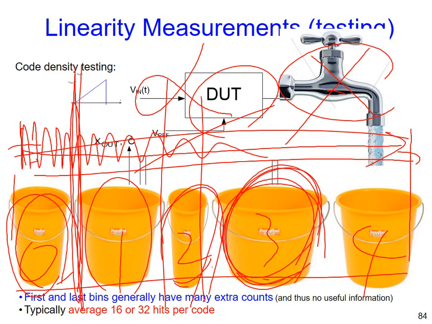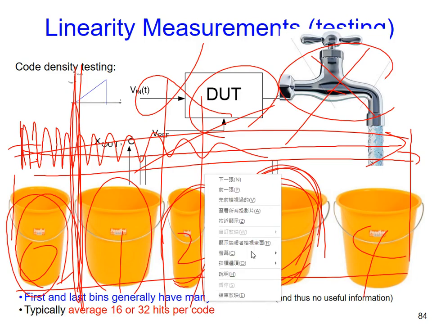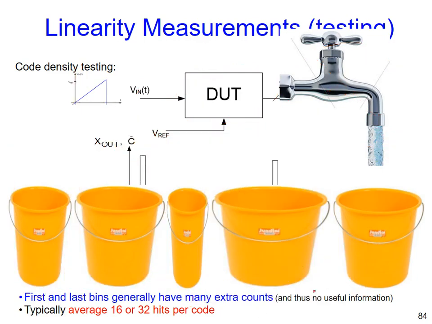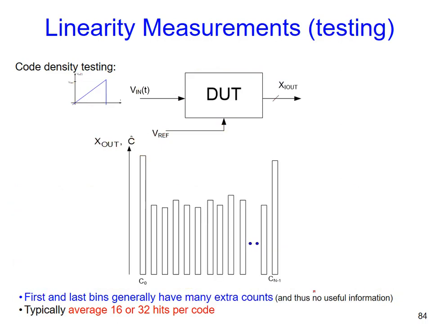So the concept is really simple. How many codes do you get for such a histogram test? If the step is wider, then you will get more counts. That's it. So this is the so-called histogram.